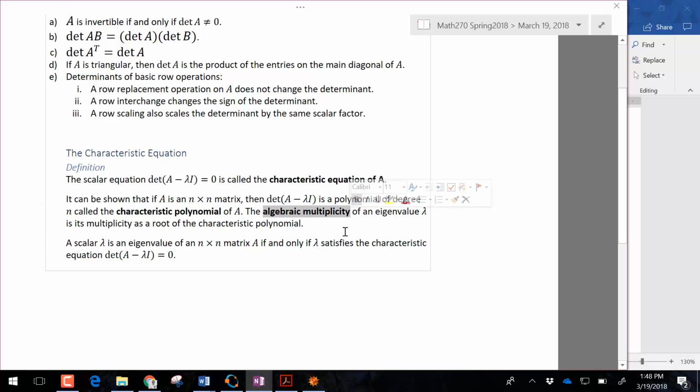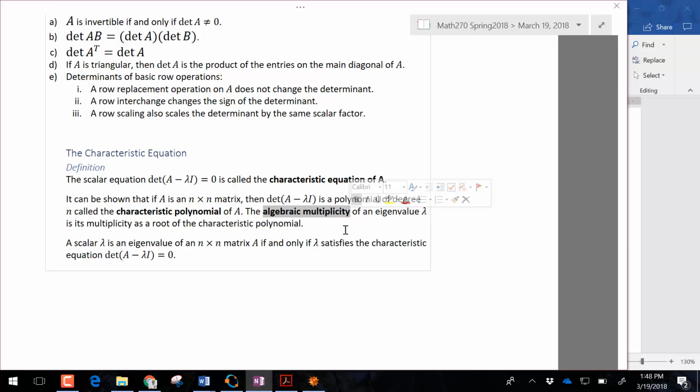And in some cases, those solutions might be complex conjugates, complex numbers. We can talk about those possibilities later on. But the point is that your characteristic polynomial should have roots that match the degree of the polynomial, and the degree of the polynomial should match the dimension of the matrix.